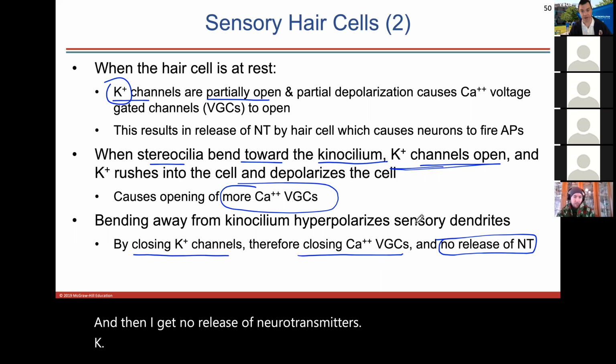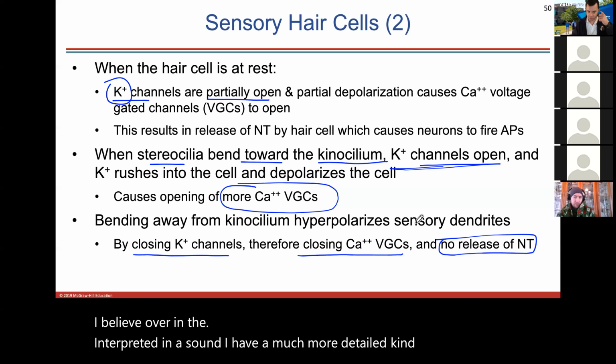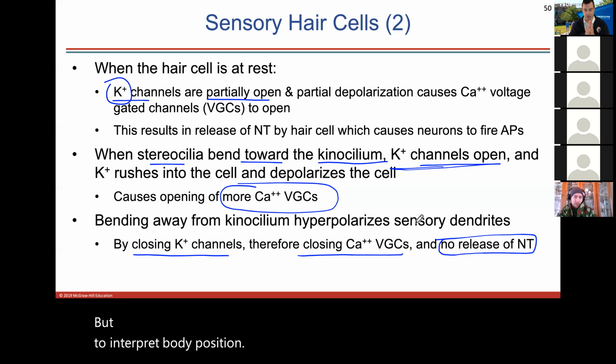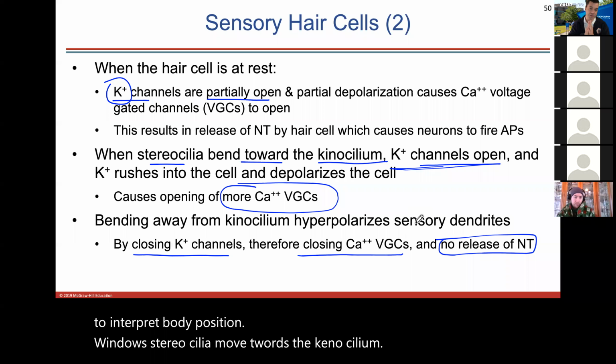The book gives a very simplistic look at it. I believe in the interpretation of sound, I have a much more detailed picture of it.